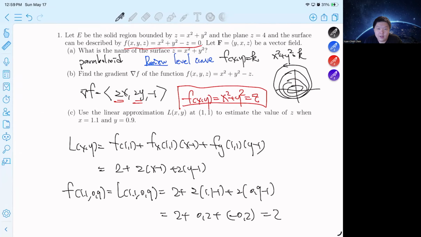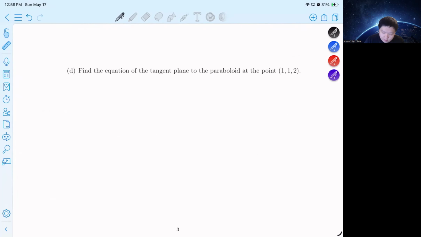Okay, now we have to find the tangent plane. Again, the function looks like this, z equals x squared plus y squared, or we can write it as f(x, y, z), the implicit one, which is x squared plus y squared minus z. So at least we know two ways to do this.